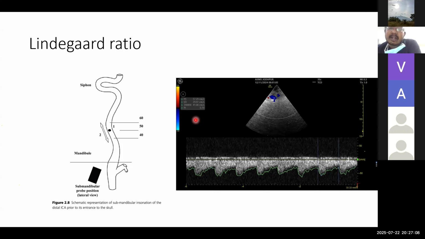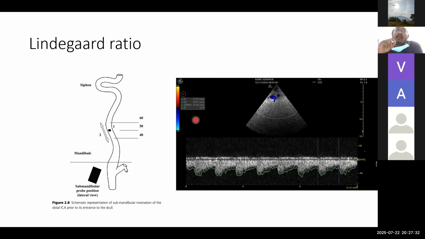extracranial internal carotid artery. And the second reason is that if you use, say, a linear probe, we'll be able to see the common carotid artery, carotid bulb, and bifurcation into the external carotid artery and internal carotid artery. Beyond that, we may not be able to visualize.